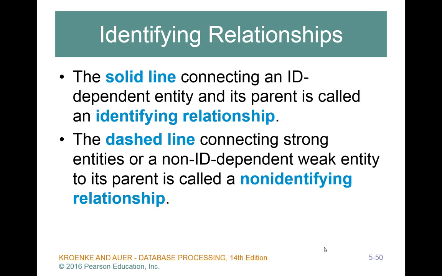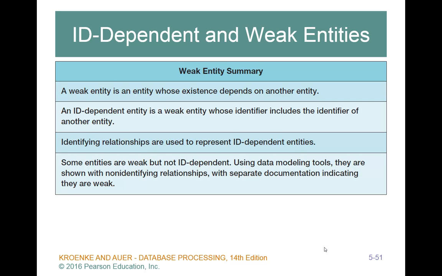Okay, here's a quick chart and summary of ID dependent and weak entities. There is a little bit of ambiguity in the definition of a weak entity, because it can be interpreted differently by different database designers or different books.